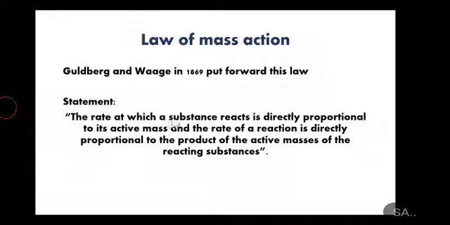The rate at which a substance reacts is directly proportional to its active mass. What is active mass? I will tell you. And the rate of a reaction is directly proportional to the product of the active masses of the reacting substances. So how does it proceed? We'll see with the help of an example.